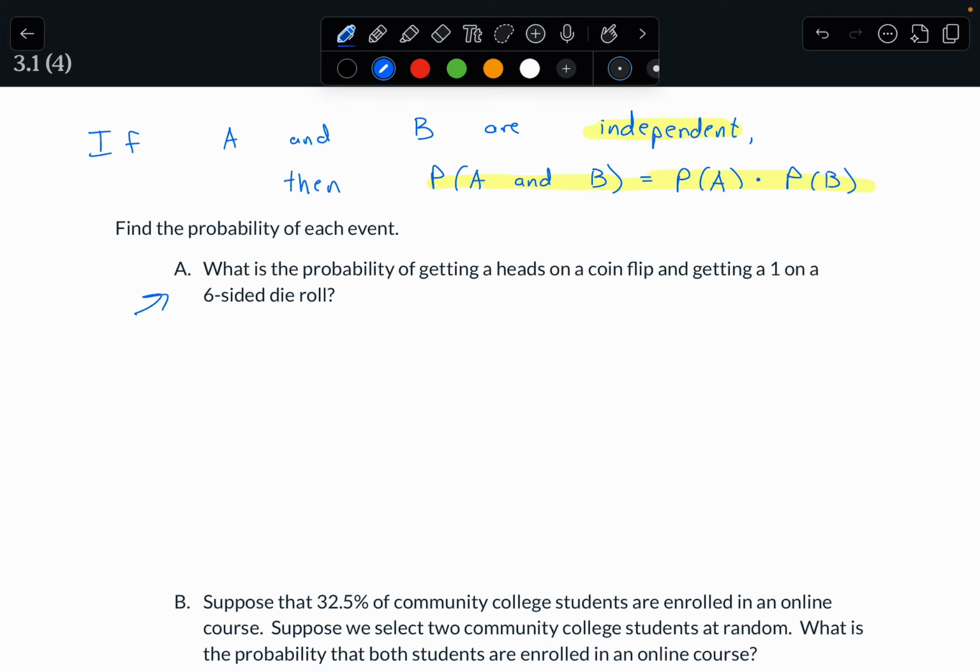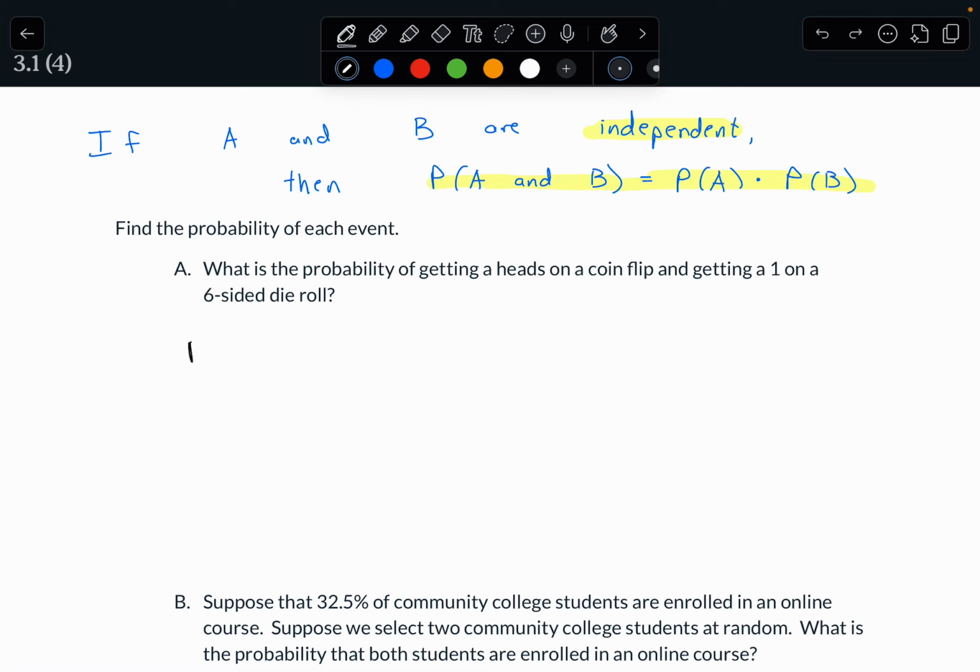First example says, what is the probability of getting a heads on a coin flip and getting a 1 on a 6-sided die roll? So in this case, first I want to make sure, am I working with independent events? Flipping a coin, rolling a die, these two things have nothing to do with each other, so they are going to be independent events.